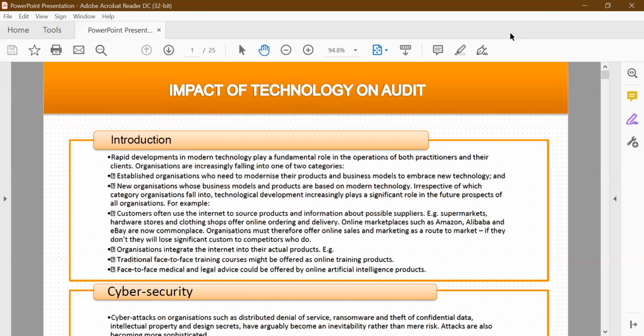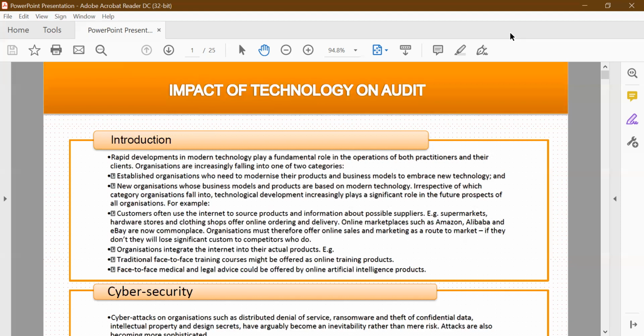For example, customers often use the internet to source products. Gone are the days where customers will walk into shops to look for products, or what we call window shopping. Right now, you can sit in the comfort of your home and use the internet to source products and even look for information around suppliers.